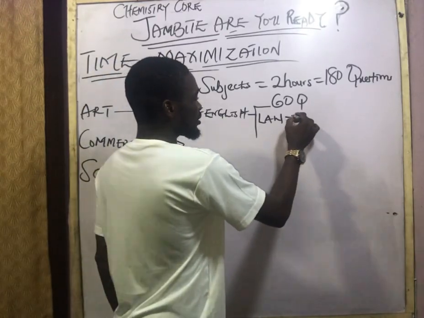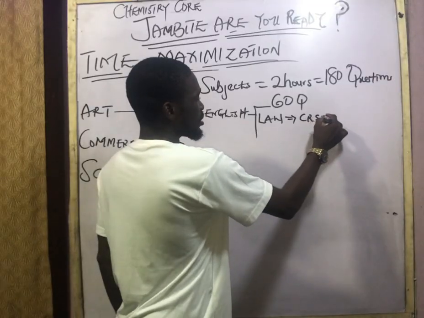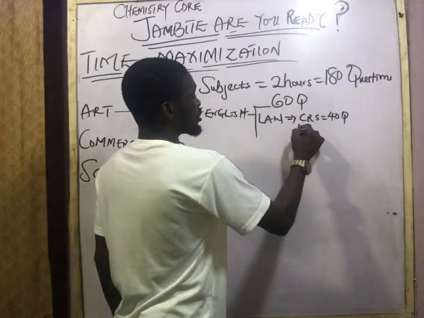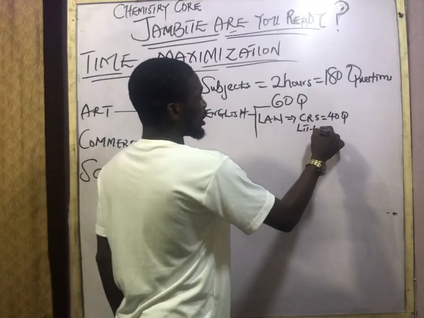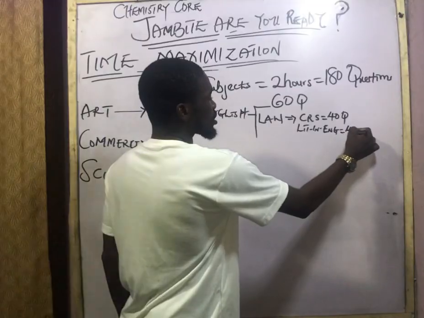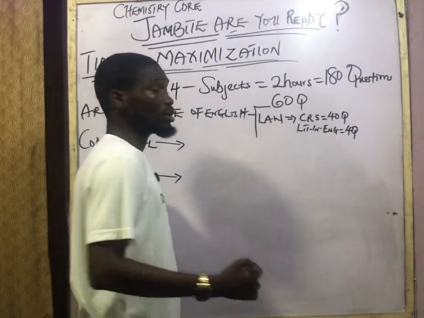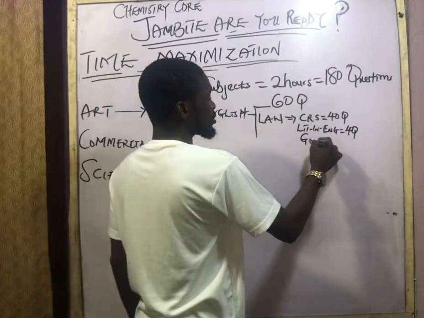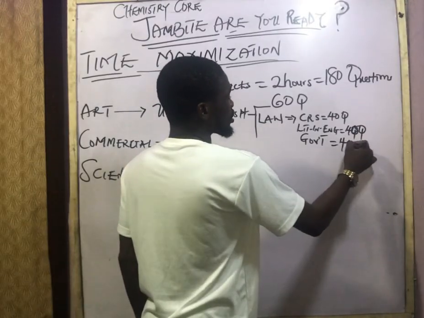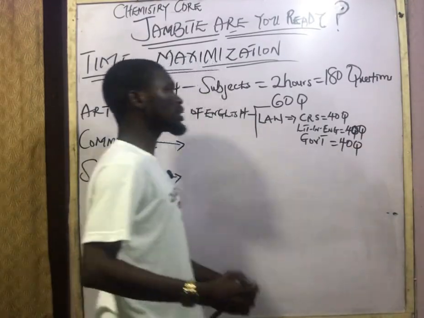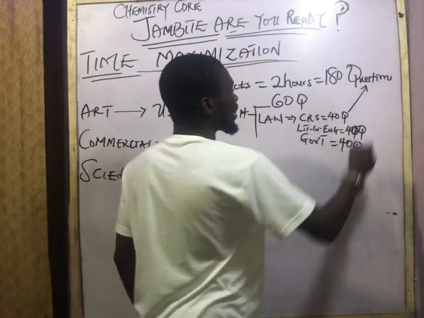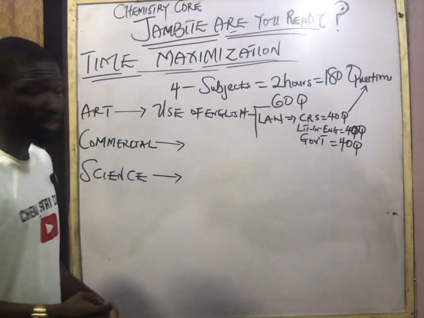You will take CRS, which is 40 questions. You will take Literature in English, which is 40 questions. Then you will take Government, which is 40 questions as well. Now, that gives birth to what we call the 180 questions we have there.